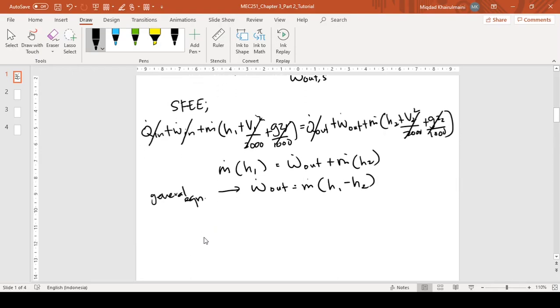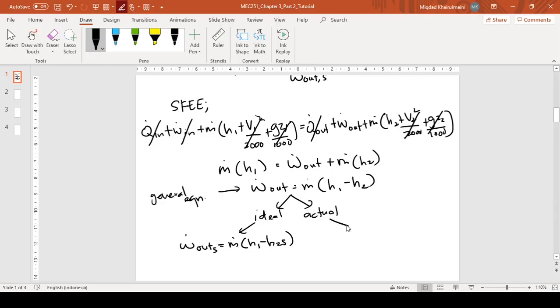We know now there is an isentropic efficiency, so we have to write this equation for the ideal and also actual conditions. For the ideal condition, work out ideal equals m dot (h1 minus h2s).